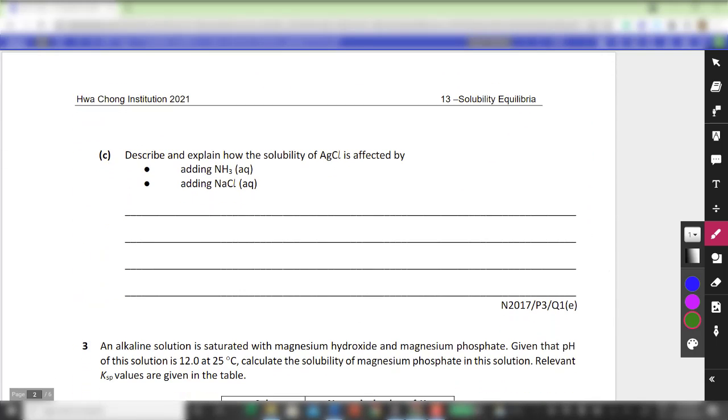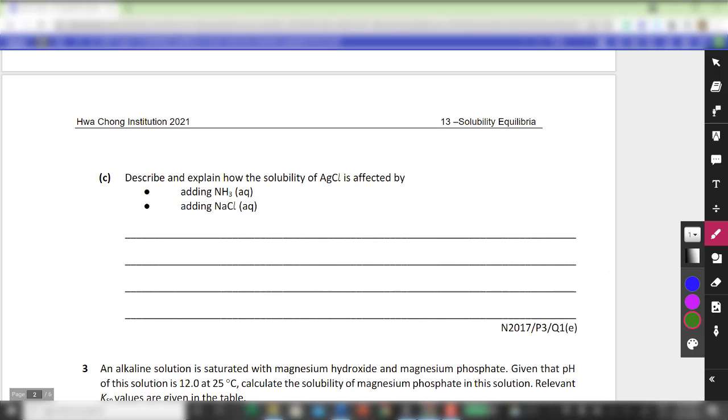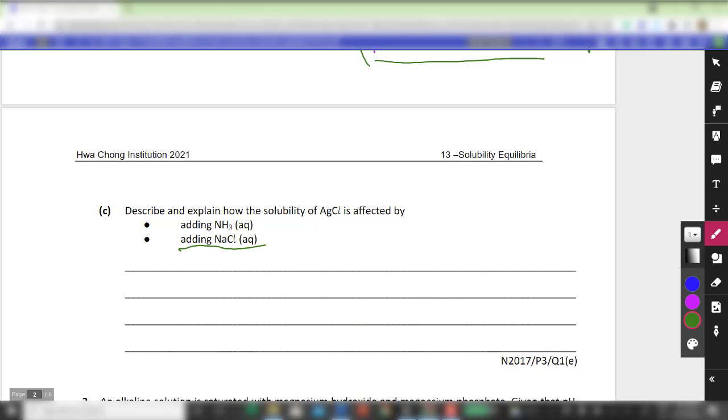And then after that, you have a part C, which asks you to describe and explain how the solubility of AgCl is affected by ammonia and by adding sodium chloride. I think adding sodium chloride wouldn't be a major issue because when you add sodium chloride, you are introducing not only sodium plus, but also chloride.